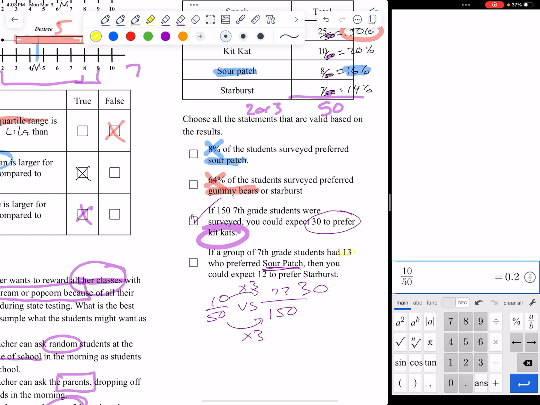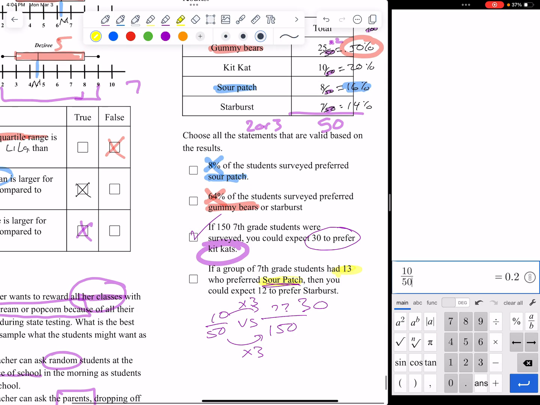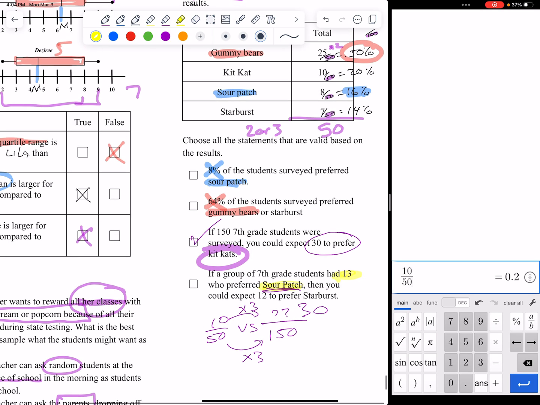So 13 who preferred Sour Patch, then you could expect 12 to prefer Starburst. Oh, I see what they did here. They said if 13 prefer Sour Patch, then 12. Why? Because one had 8 and the other one had 7. No, that is not true.